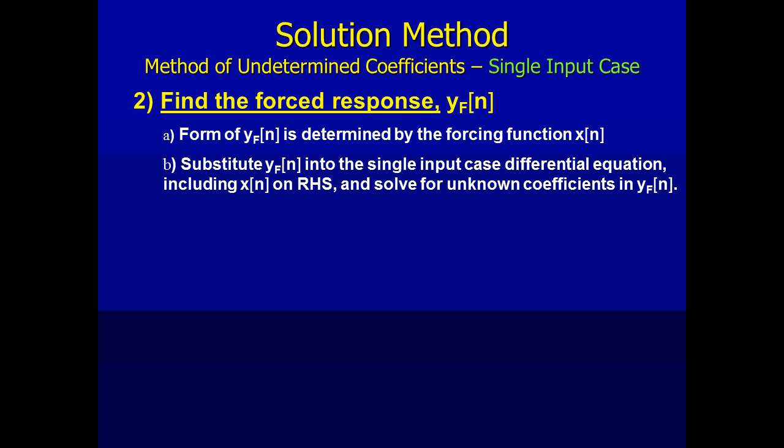Okay. So I said the forced response is a constant. Forced response delayed by 1 is also a constant, if you're out far enough. And the 1/2 carries over. The forced response needs to be a solution all by itself to the single input case difference equation.